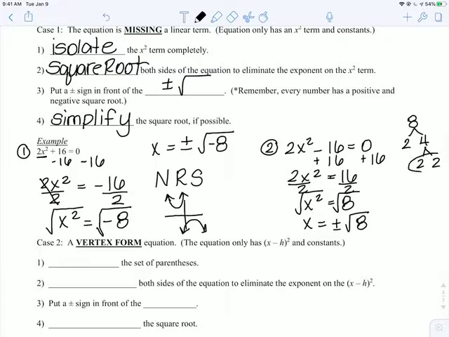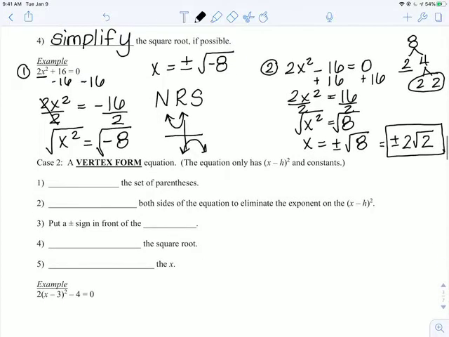You have a 2 of a kind, so you can take out a 2, and then this other 2 has to stay up underneath the square root. So you have 2 solutions. You have x is equal to positive 2 on the square root of 2, and also x is equal to negative 2 on the square root of 2. So this is a situation where you had 2 real solutions.